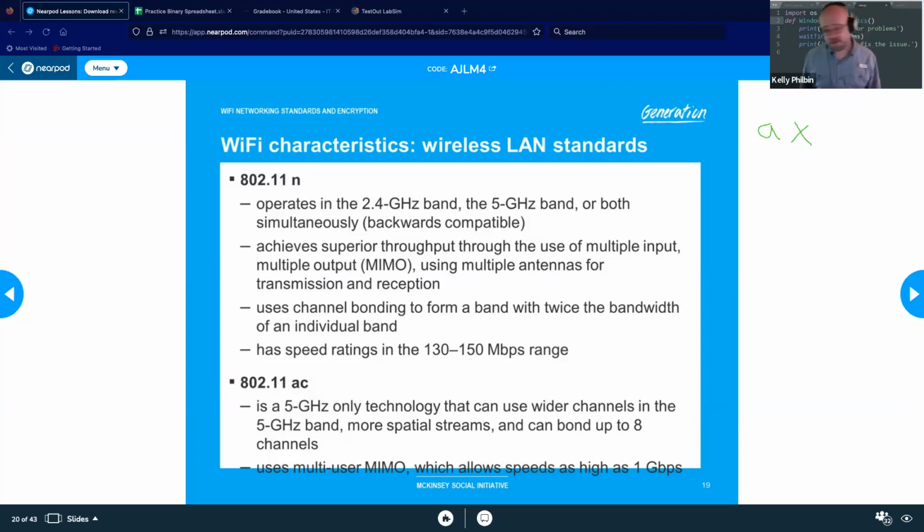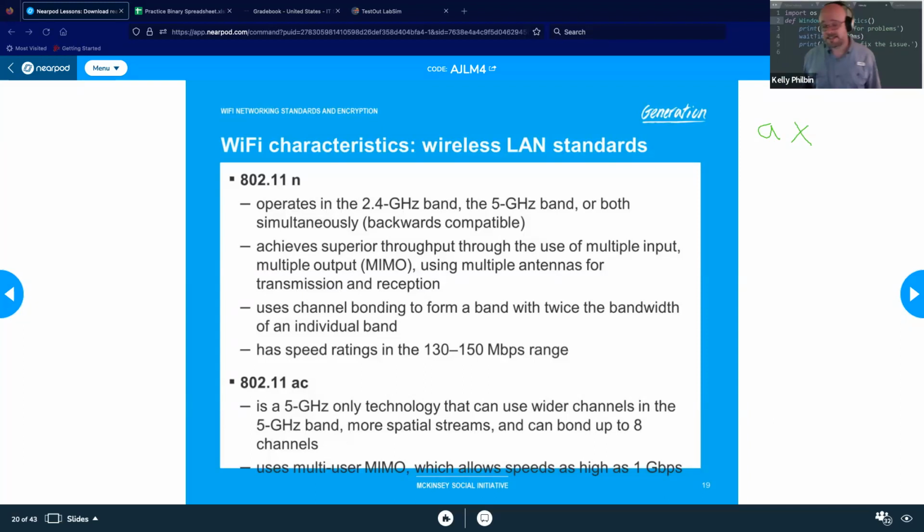2.4 has the possibility of being interfered with by a variety of radio things, because 2.4 is one of the more common radio signals for non-Wi-Fi things, like microwaves, wireless phones in your house, things like that tend to all operate off of that 2.4 gigahertz bandwidth.